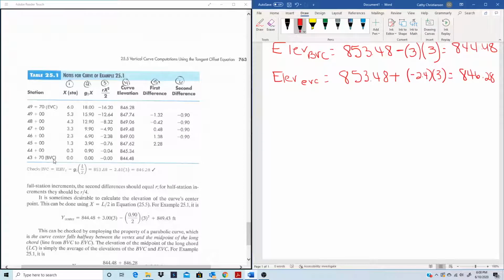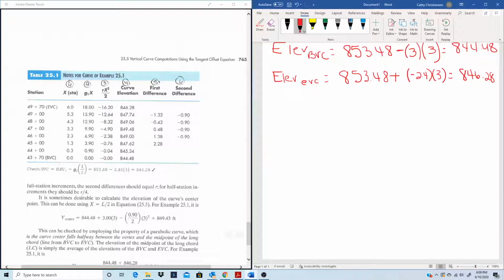If we want to stake it every 100 feet, it does not mean put 44 plus 70. You want to go to the next even station. So 43 plus 70, and the next even station is 44. So if they say every 100 feet, 44, 45, 46, 47, 48, 49, and 49 plus 70. So once we've got that set up, that's all you have to do.